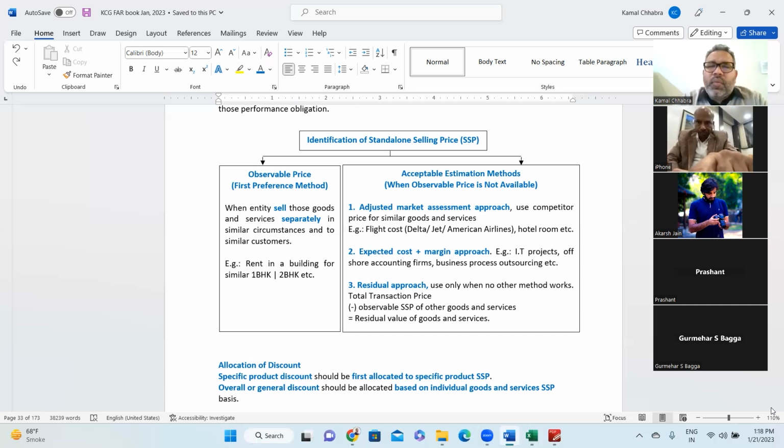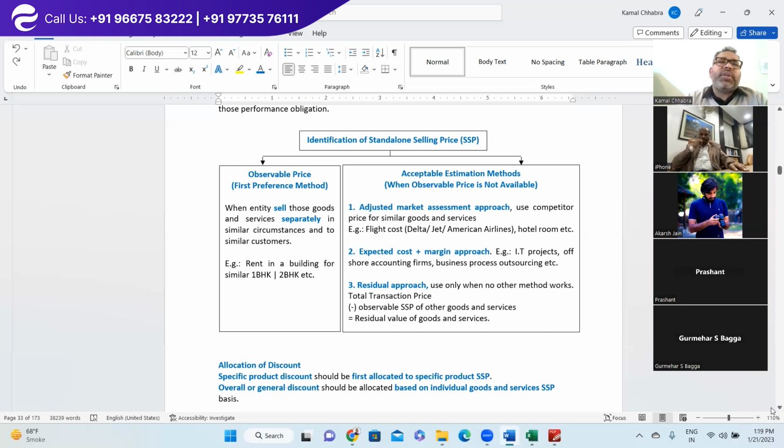Let's say for a Dubai to New York flight, let's assume Lufthansa is charging $1,000, United is charging $900, and Qatar is charging $1,200, but Emirates will charge $1,800.